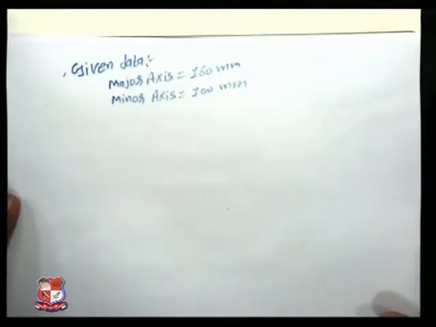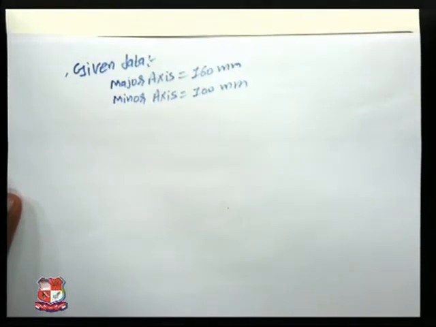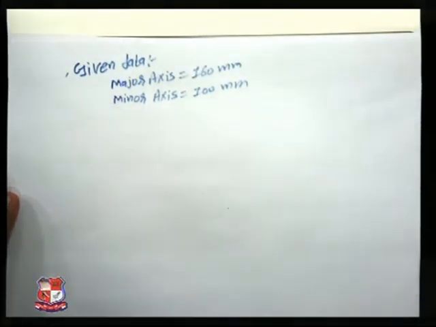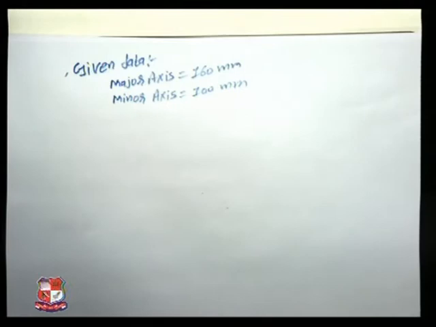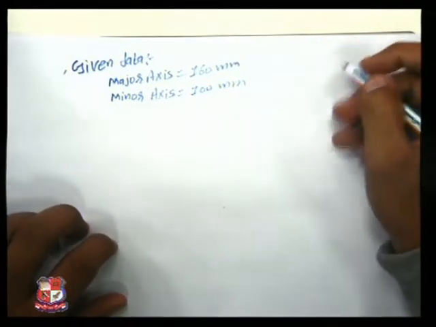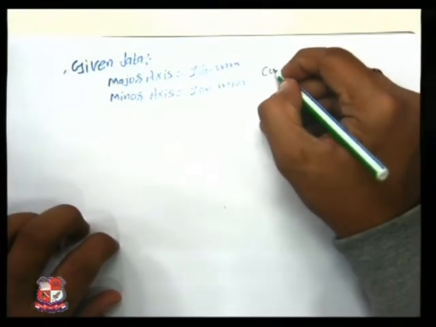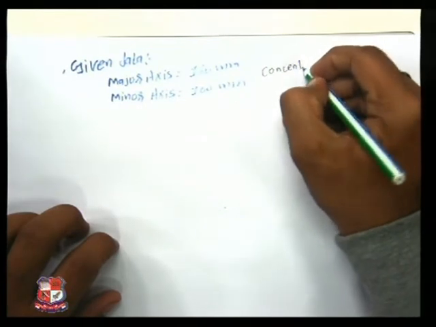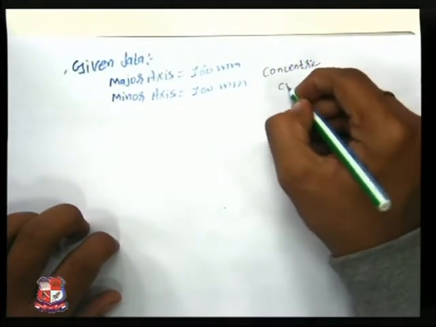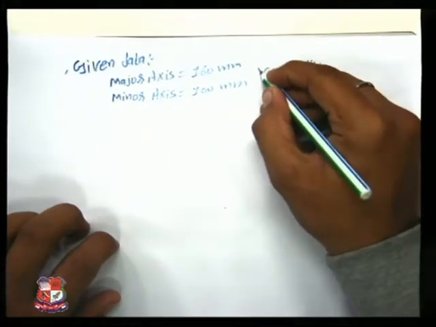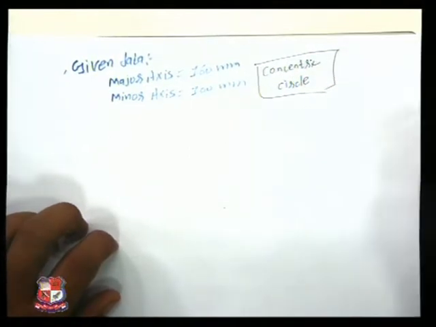These are the given data. Major axis has been given as 160 mm and minor axis has been given as 100 mm. We need to draw this using the concentric circle method.